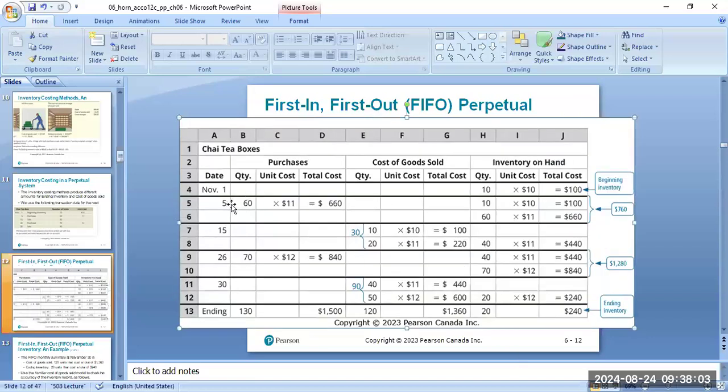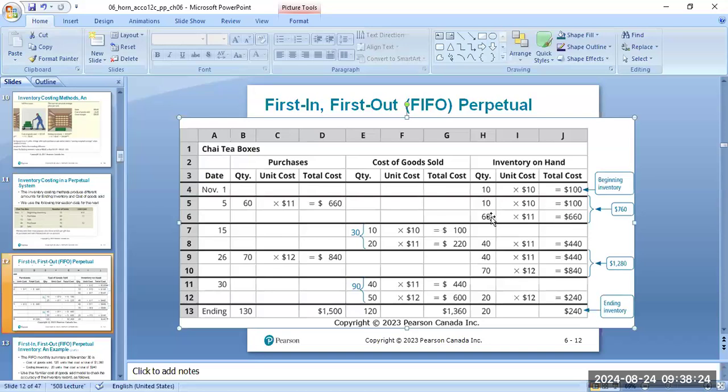So what's happening here? I have 10 units beginning inventory at $10. That's $100 my beginning. Then I'm purchasing 60 units. Total cost is $660. So how many do I have available?